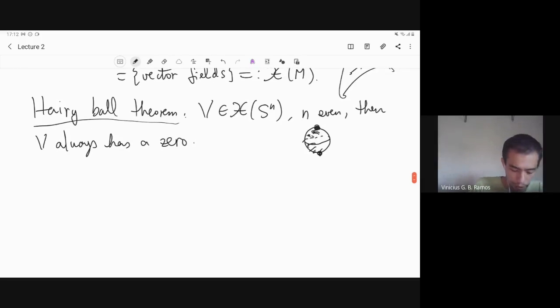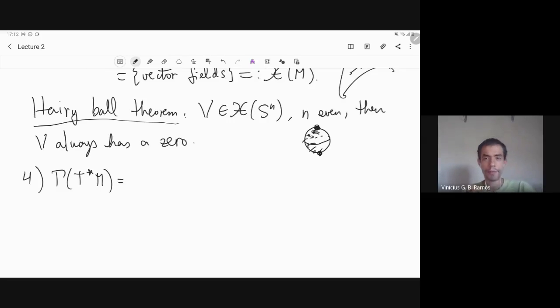Another example is the sections of the cotangent bundle, and these are called one-forms. For each point, you have a covector over that point. That's called a covector field, or a differential one-form.